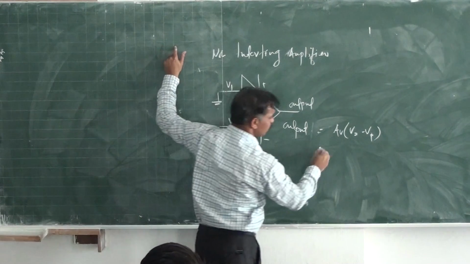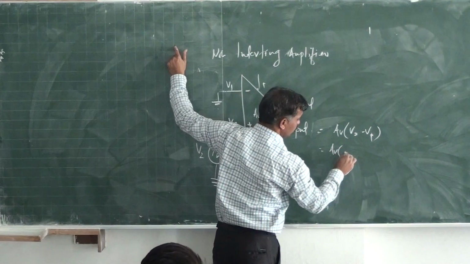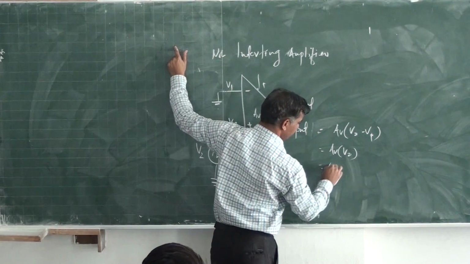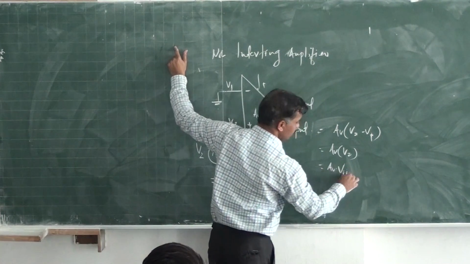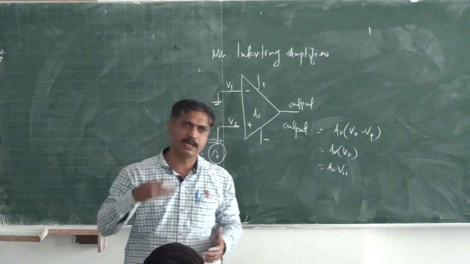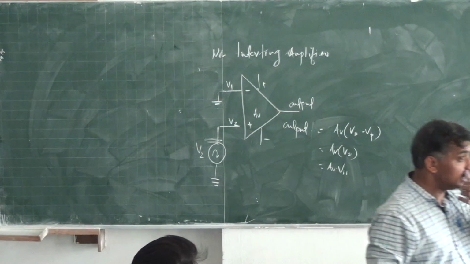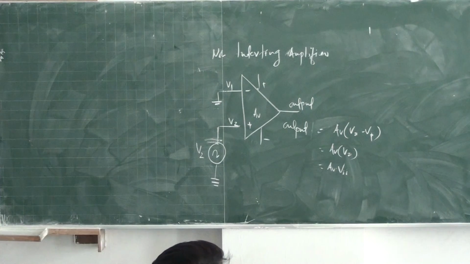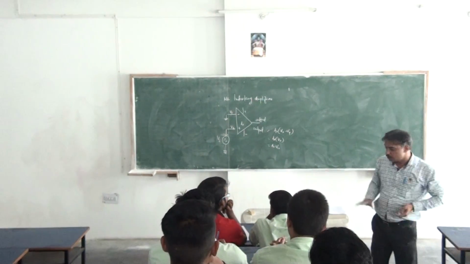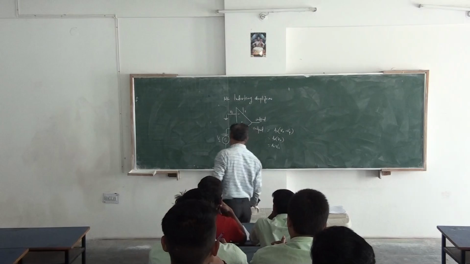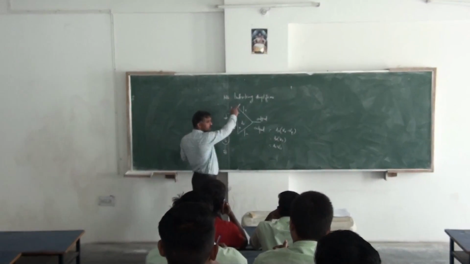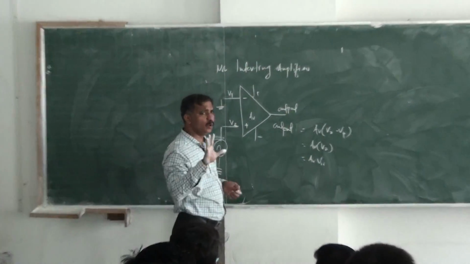V1 is equal to 0, so this will be AV into V2, or AV into V. In this case, voltage will also be amplified, but there will not be any phase shift in the output waveform. Okay, so this is normally called non-inverting amplifier. Previously we saw inverting and non-inverting amplifiers, and these are in open loop.